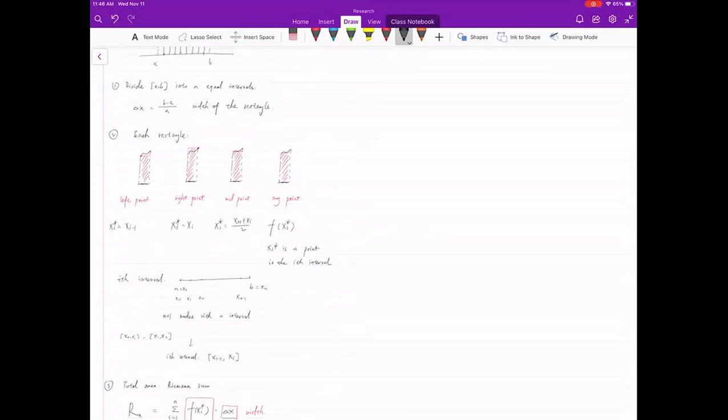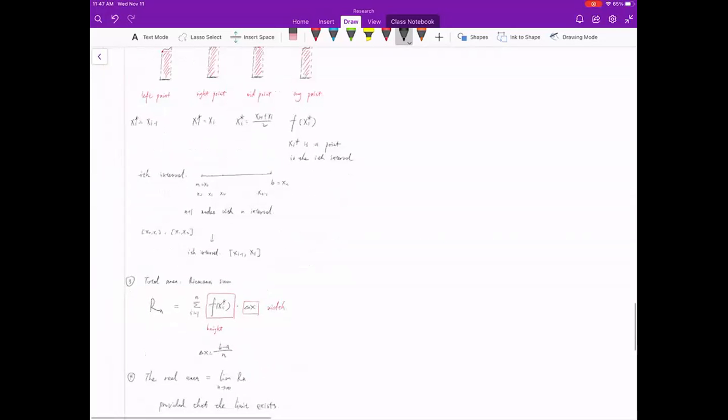The width is going to be the original length divided by n. The height is going to be the function value. I just need to pick which point. Any point in that interval works. If I pick the left, I get a left point formula. If I pick the right, I get a right point formula. If I pick the one in the middle, I get a midpoint formula. They give me different answers.